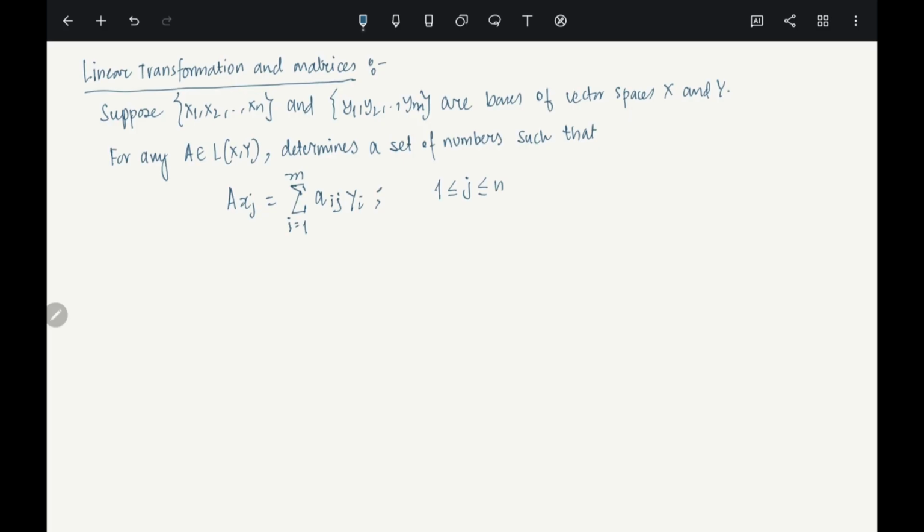So what is happening is that we can visualize this as a rectangular array of m rows and n columns, which we call an m cross n matrix.